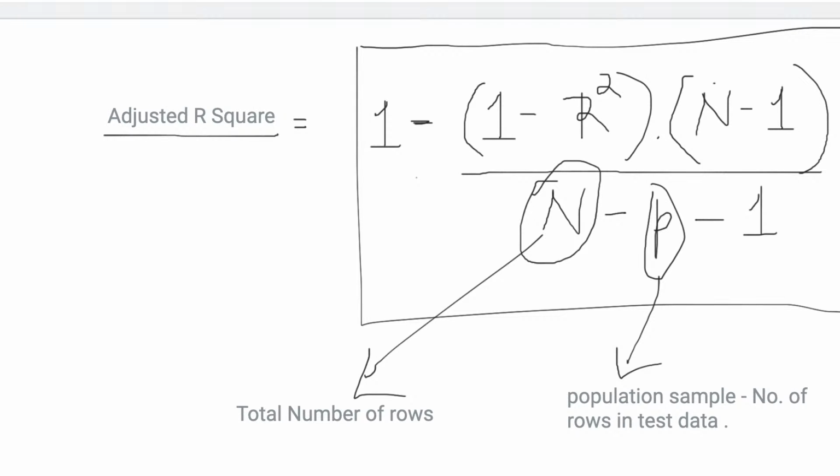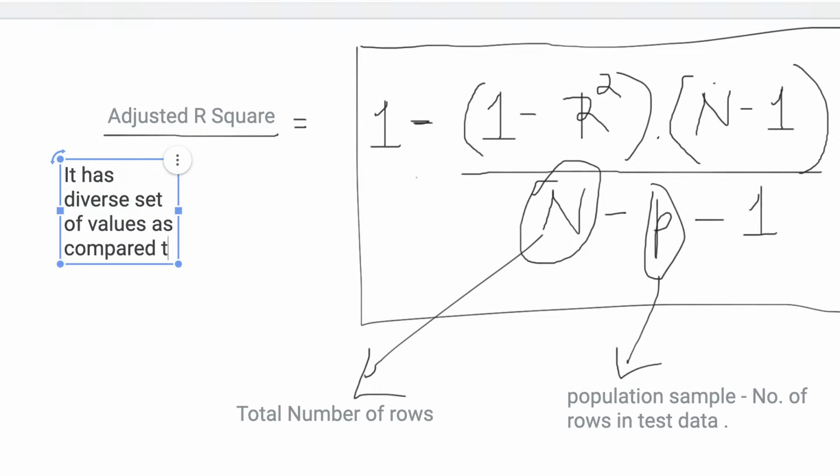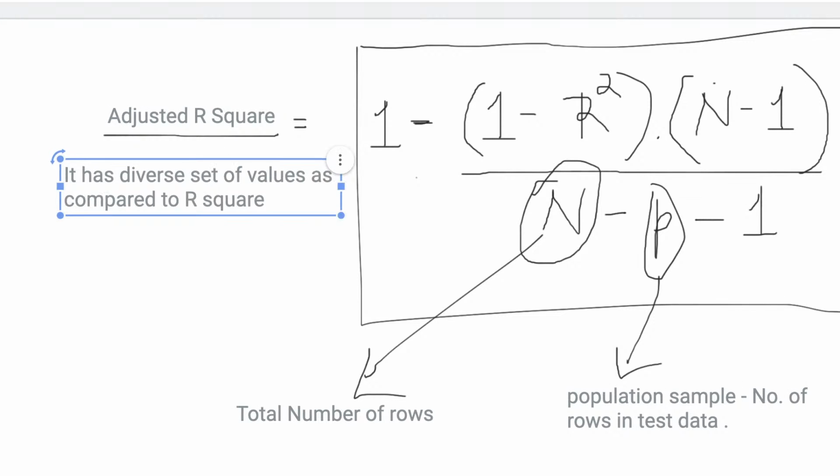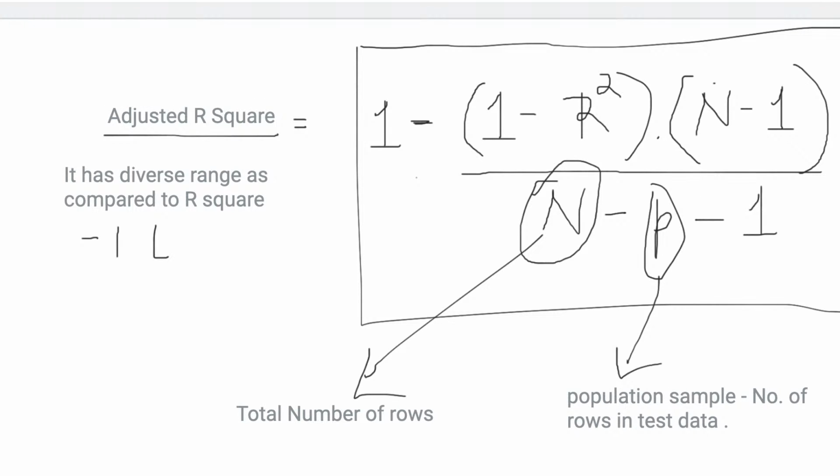Firstly, it has a diverse set of values, or I'll say a diverse range, as compared to R square. It ranges from -1 to +1.